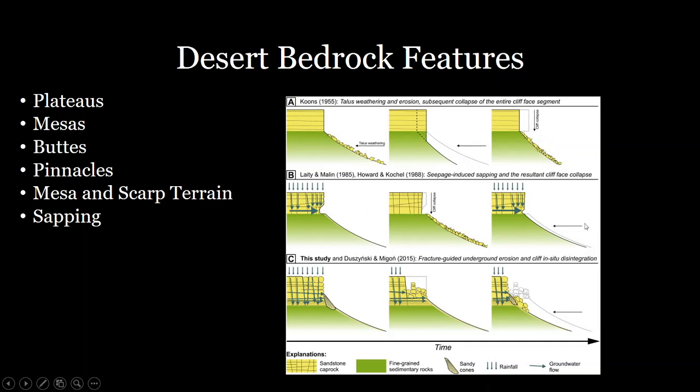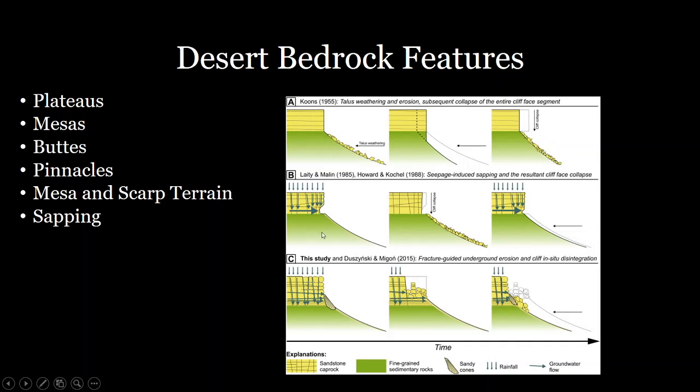For example, here we can see in this process, you have water flowing into the rock through the cracks and then hitting that bedding plane between the hard erosion and easy erosion layer and flowing outwards. As it does, it erodes away and forms an overhang that then topples and erodes that layer back.